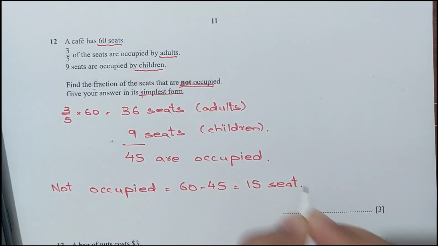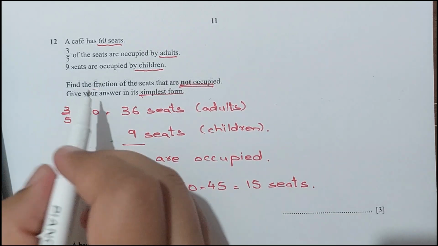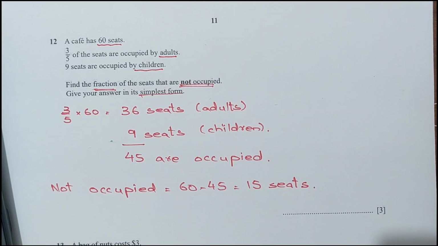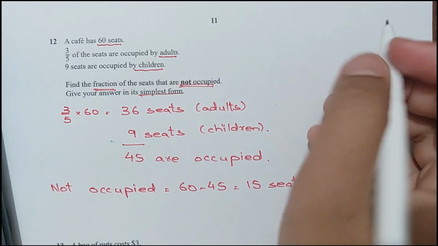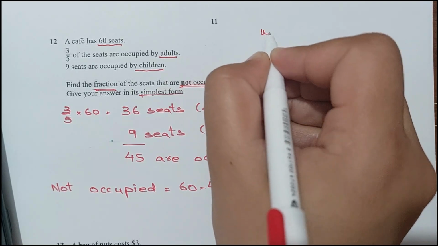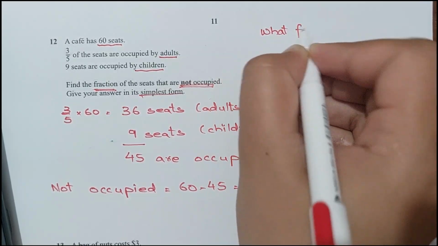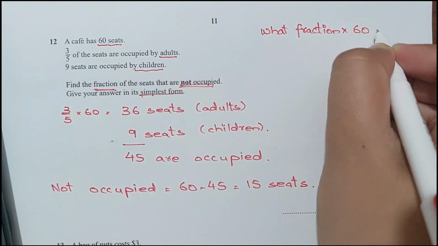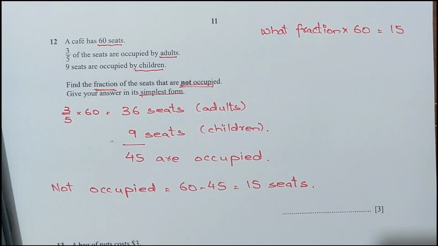But 15 is not the answer. The answer must be a fraction of the seats that are not occupied. So how can we represent 15? What fraction of 60 equals 15?